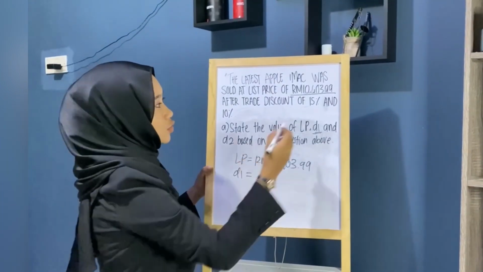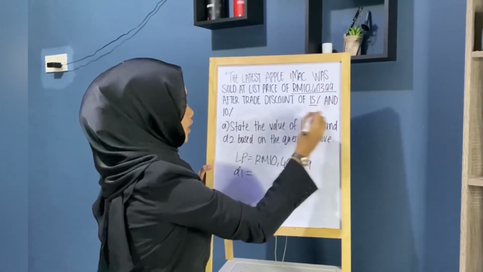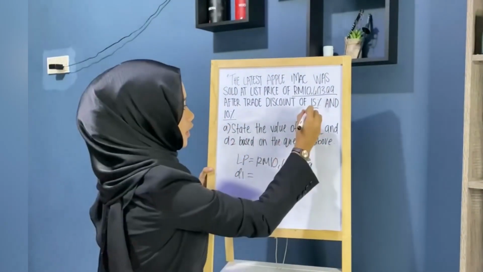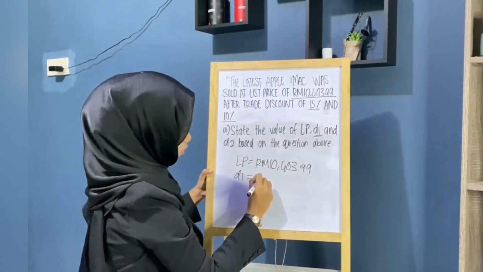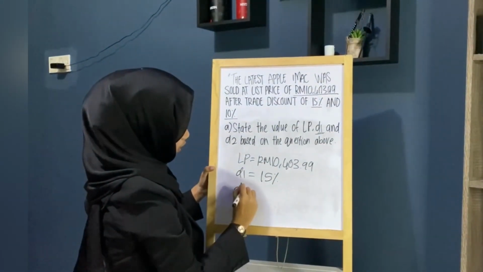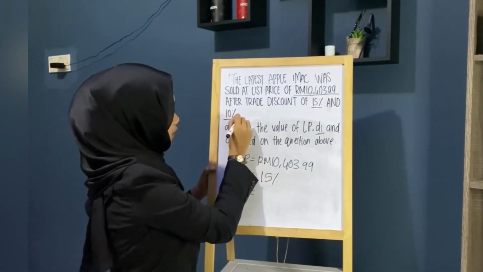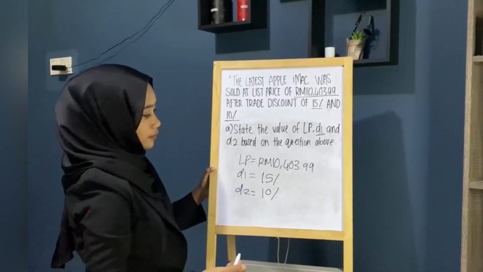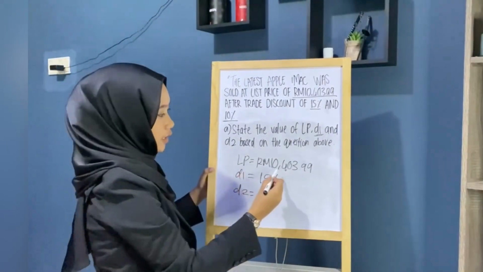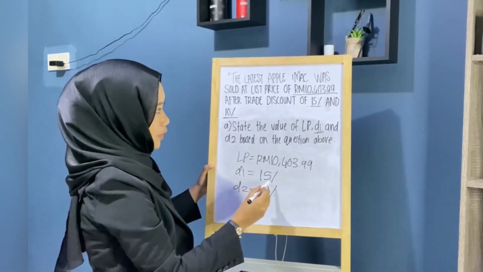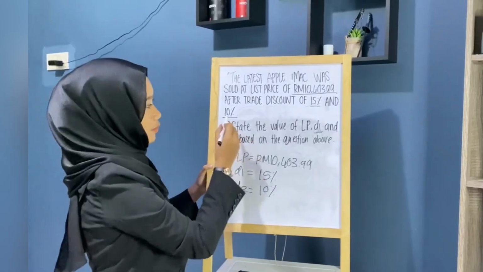There are two trade discounts, 50% and 10%. B1 is 50% and B2 is 10%. So LP is RM10,402.99, B1 is 50%, B2 is 10%.